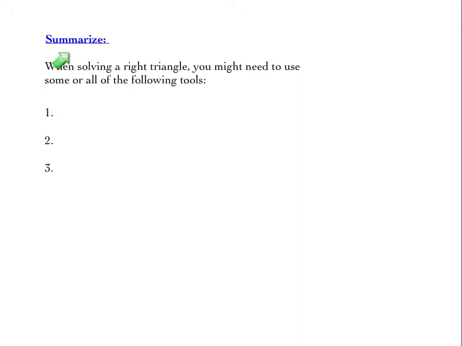To summarize, if you are asked to solve a right triangle, you are being asked to find all the missing sides and all the missing angles. You may need some or all of the following tools. You may need your trig ratios, so you may need sine, cosine, or tangent.